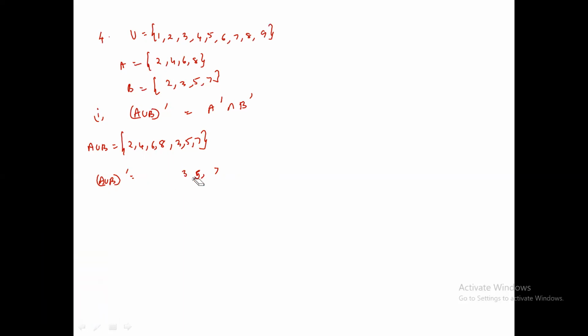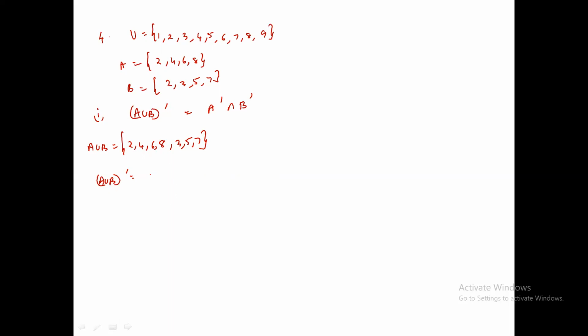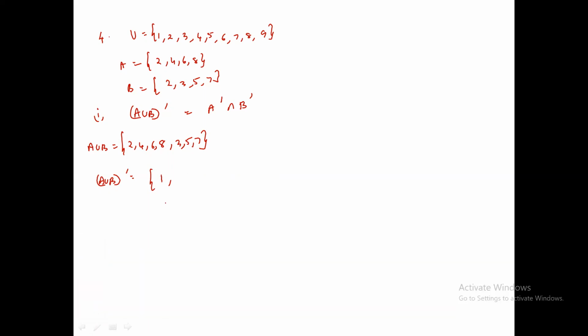You have to remove the elements of A union B from U. That means you have to remove 2, 4, 6, 8, 3, 5, 7. You have to remove 2 and 3. What else you will remove? You will remove 4, 5, 6, 7, 8. So left is just 9. That is A union B whole dash.